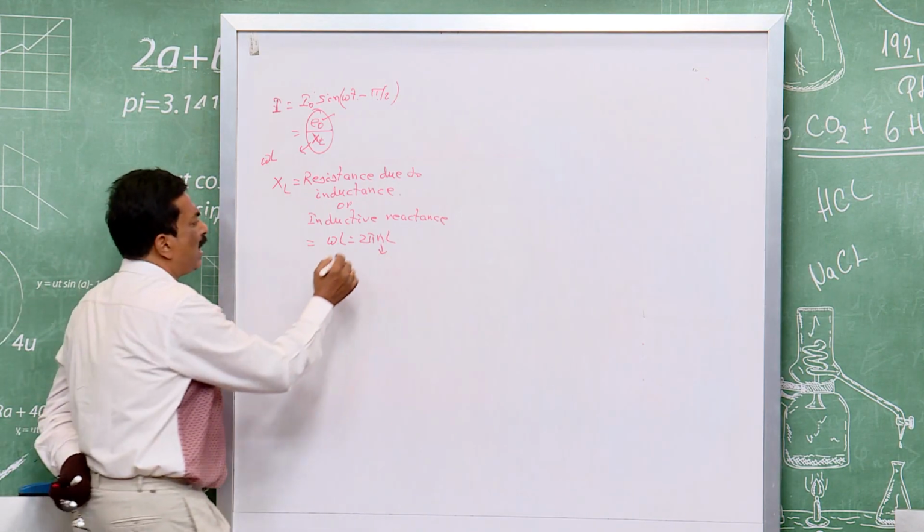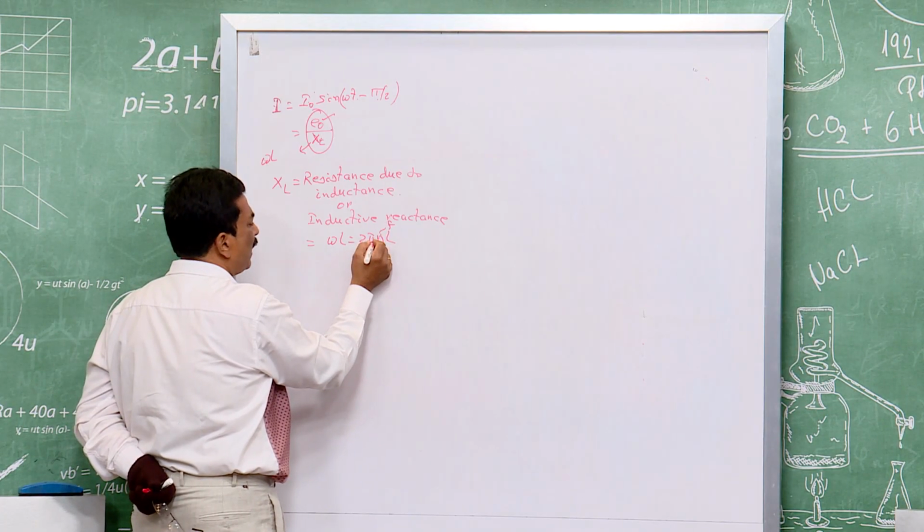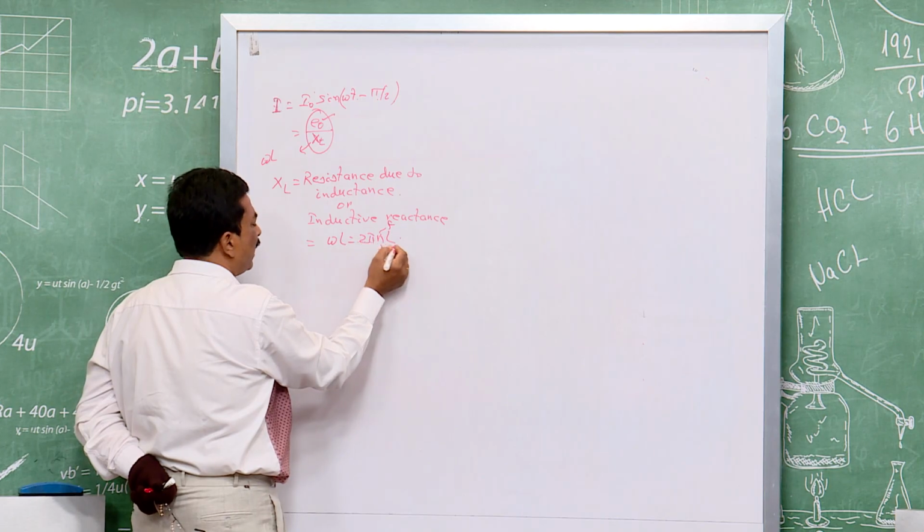In some books you have this n as f. So either 2 pi f L or 2 pi n L.